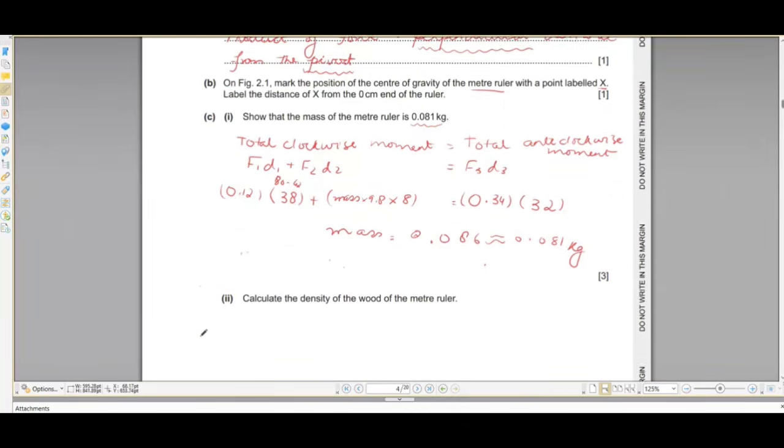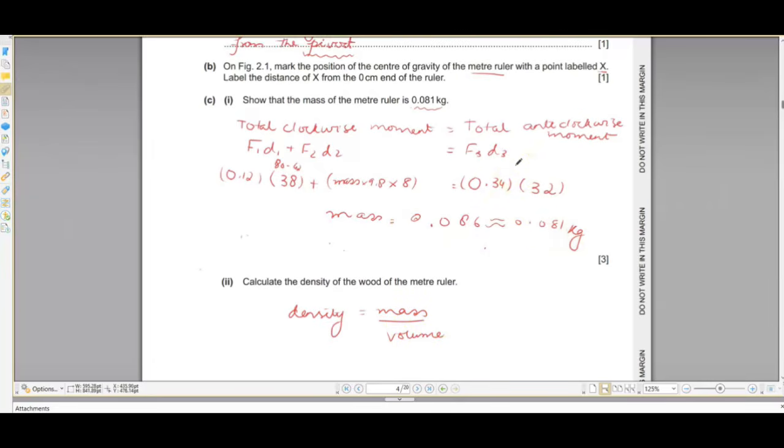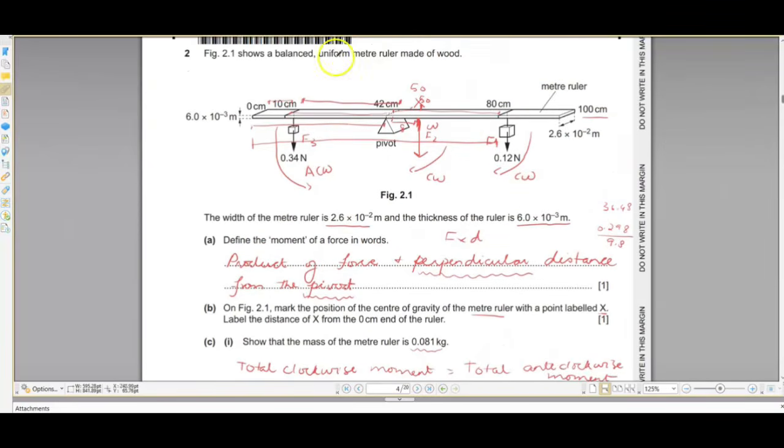Calculate the density of the wood of the meter ruler. Density is given by mass over volume. So we have the mass over here, and we need to find the volume in order to calculate the density. They've given us all 3 dimensions. This is 100 centimeters length.